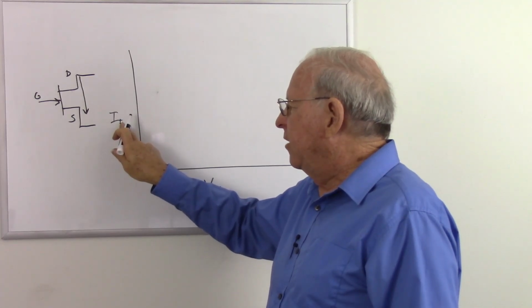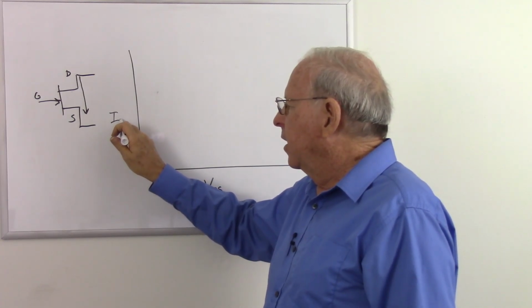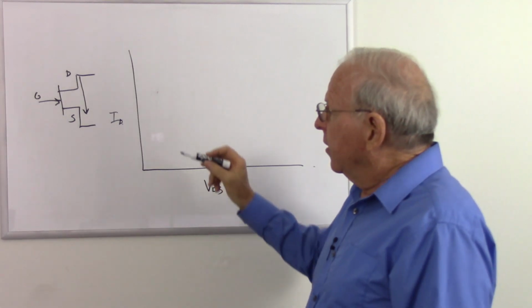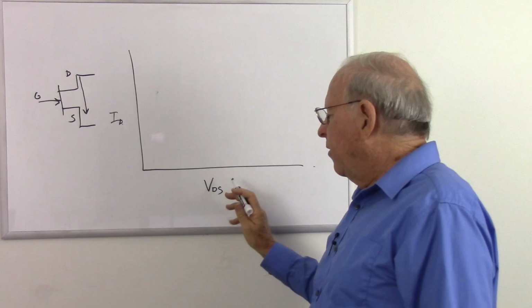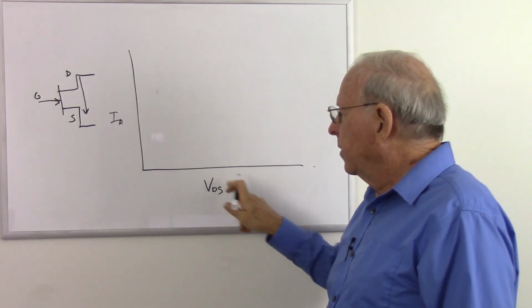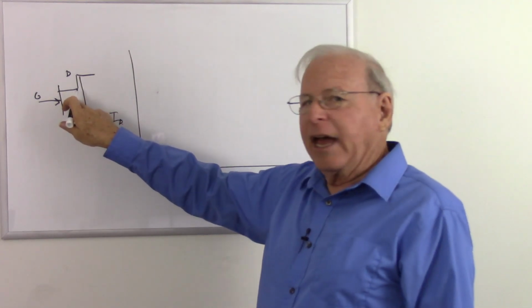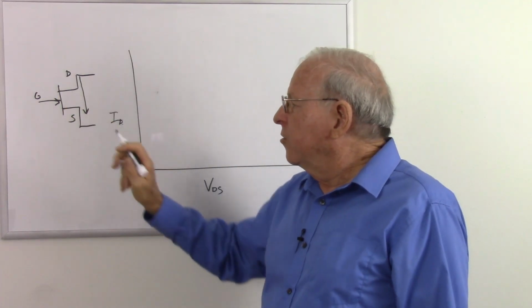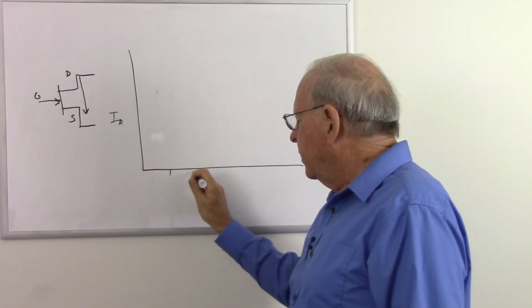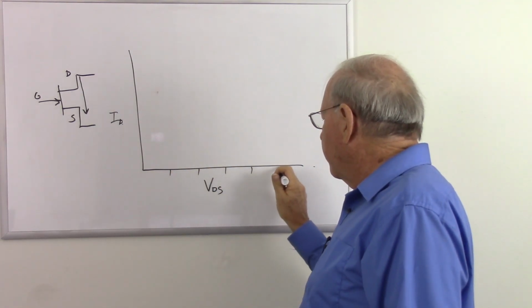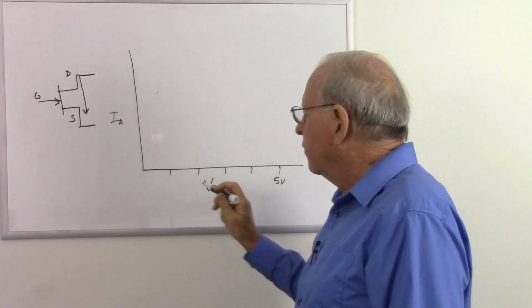We'll just call it ID, just to be consistent with standard nomenclature here. So that's our drain current, how much current goes into the drain compared to how much voltage is between the drain and the source. And this acts like what? A resistor. So let's say that I have, let's put 1, 2, 3, 4, 5 volts here just for a voltage.